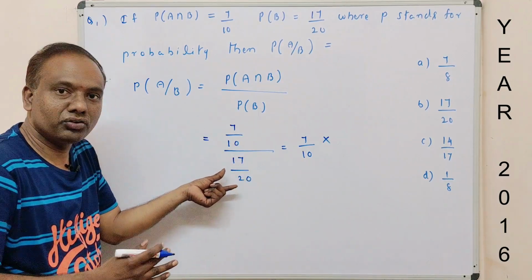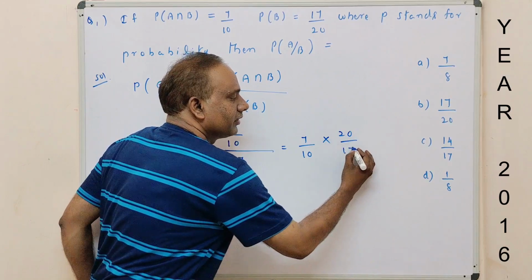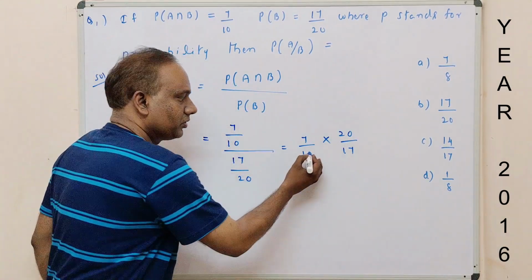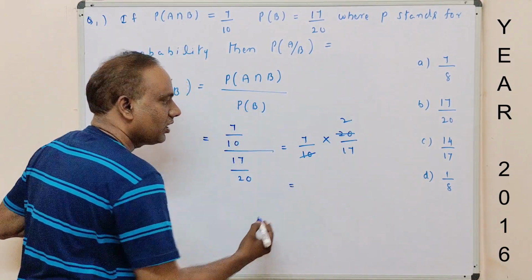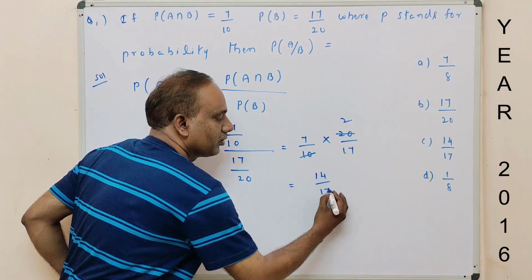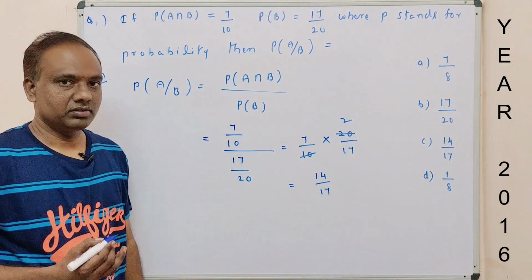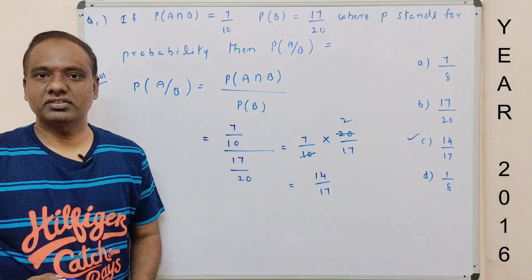It is 17 by 20 now. If it is reversed it becomes 20 by 17. So 10 ones are 10, 10 twos are 20. Now 7 twos are 14, so 14 by 17. Option C is the correct answer.